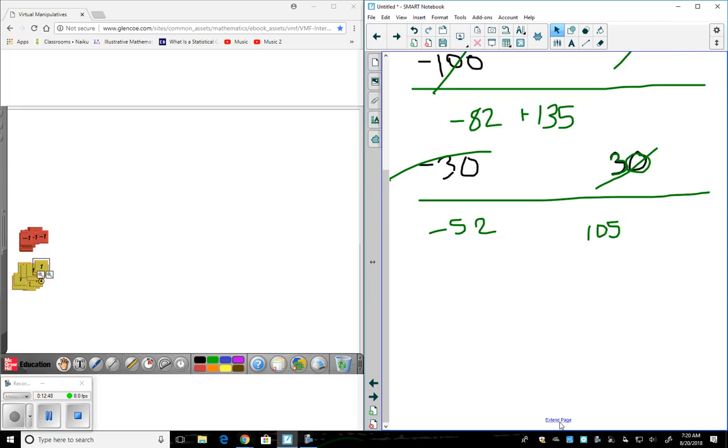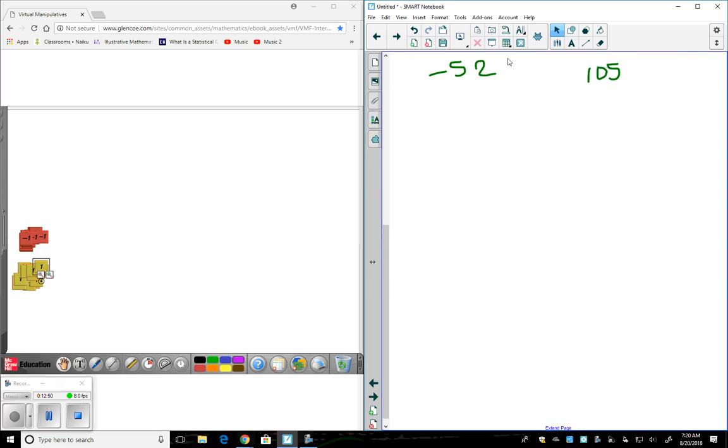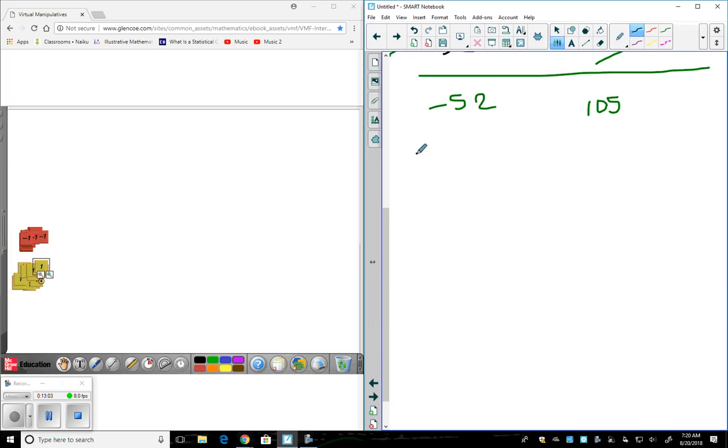So now I'm down to only subtracting negative 52 and 105 and adding them together. Well, I have a 50 here that I know I can take out and 50 here. So let's say I have a negative 50 here and a positive 50 here.